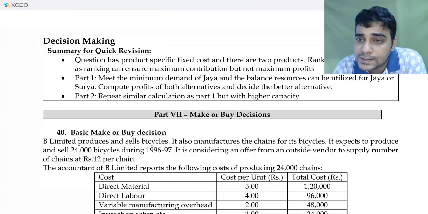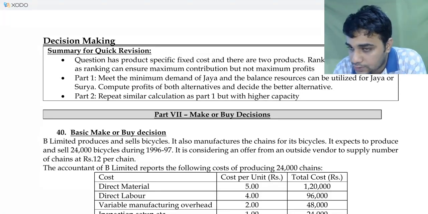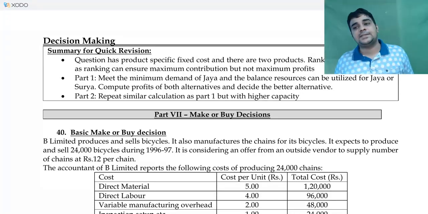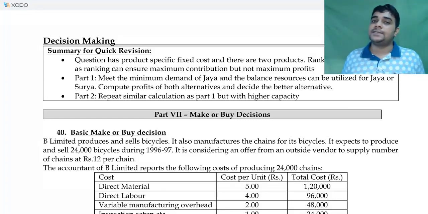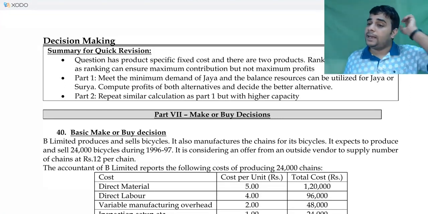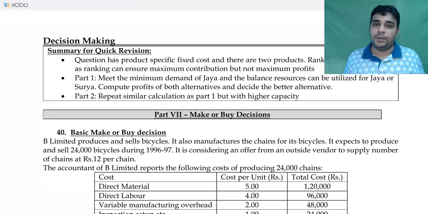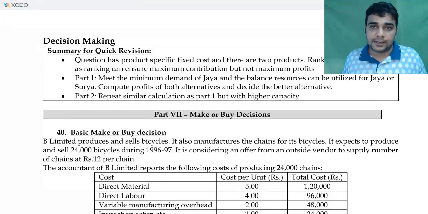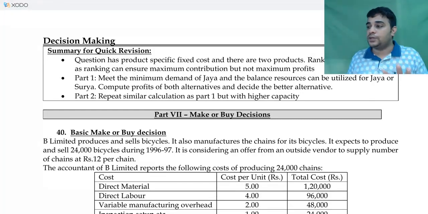Why am I doing this? Because I feel that it is better to buy it from outside rather than making it in-house. Sometimes it could be because of capacity issues. Sometimes capacity is there, but still I don't want to do it because outer prices are better. So in make or buy decision, you will have two types of problem. One with limiting factor, and second scenario is without limiting factor.